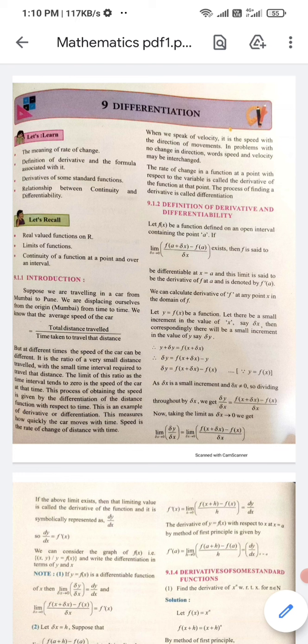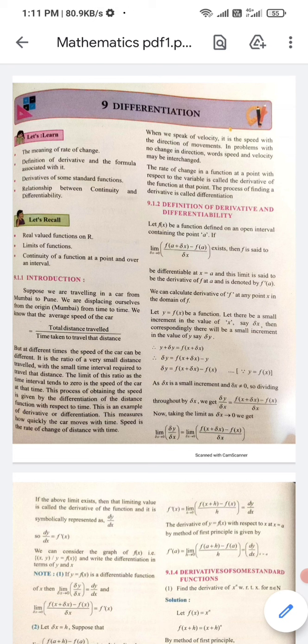Then limit delta x tends to 0, delta y upon delta x is equal to limit delta x tends to 0, f of x plus delta x minus f of x divided by delta x. If this limit exists, then the corresponding value is called the derivative of the function, and it is symbolically represented as dy by dx. So dy by dx is equal to f dash x.